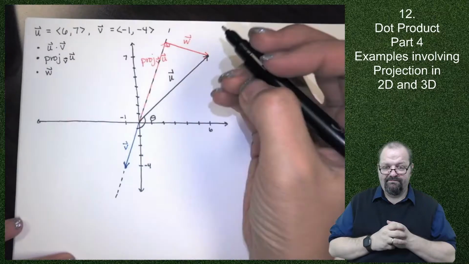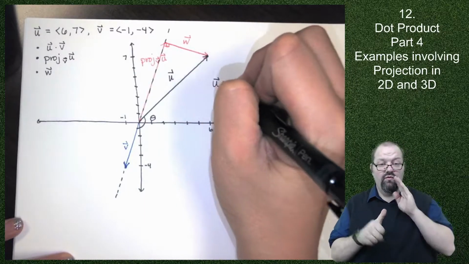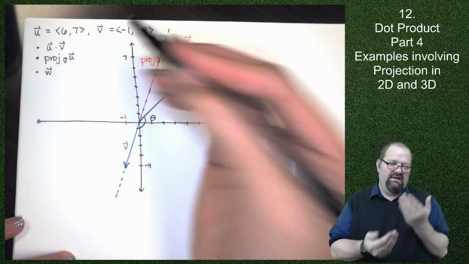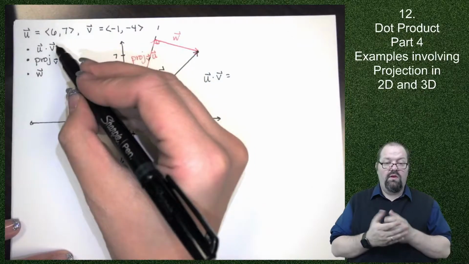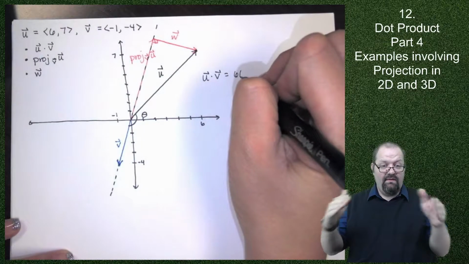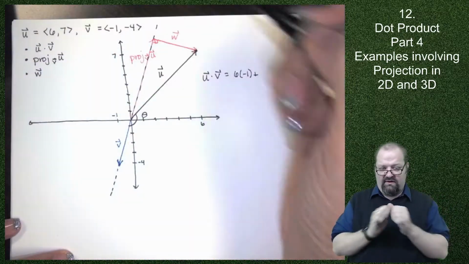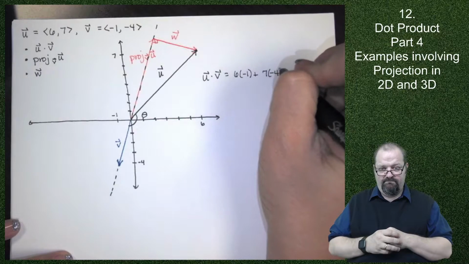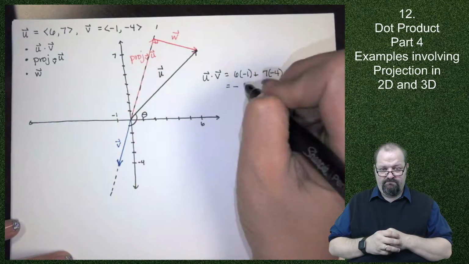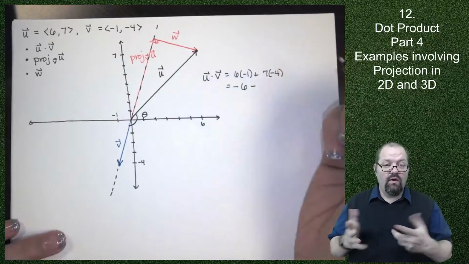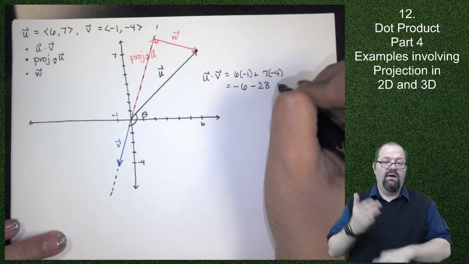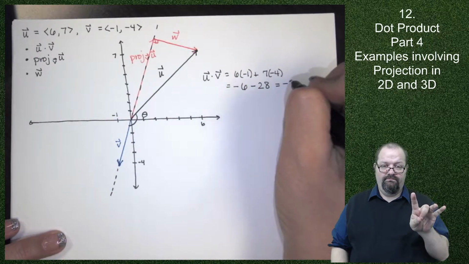Okay, so first we'll do the dot product, easy breezy, multiply component by component. So I'll do 6 times -1 plus 7 times -4. So that's -6 minus 28. So -34.